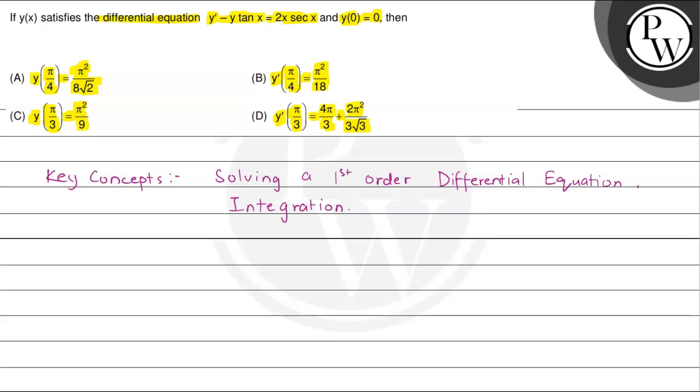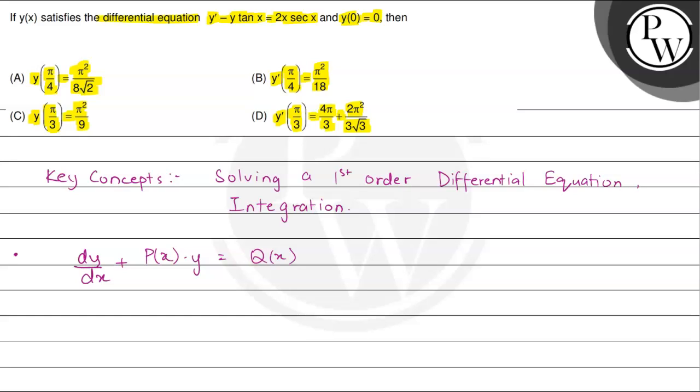A first order differential equation refers to a differential equation of the form dy by dx plus p of x times y is equal to q of x. Here p of x and q of x are functions in x, alright?